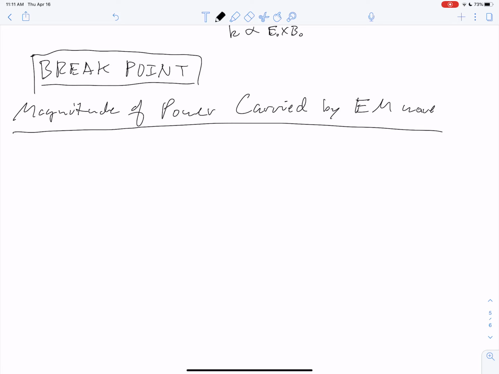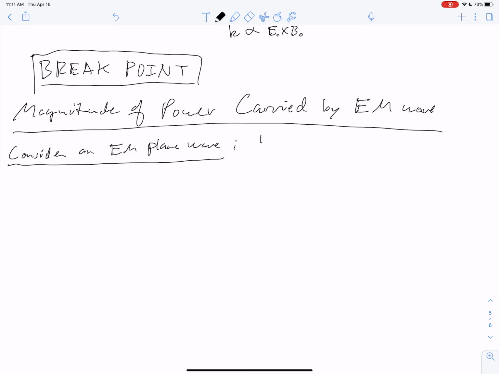Okay, so let's suppose that we have an electromagnetic plane wave, like what we were just talking about. When we're talking about an electromagnetic plane wave, it has two parts.